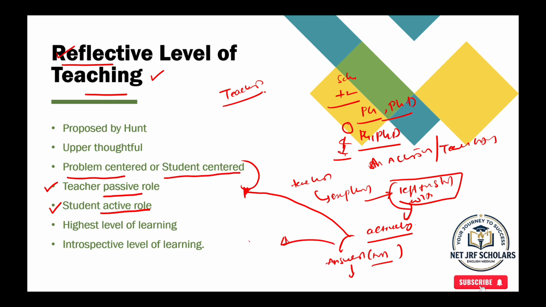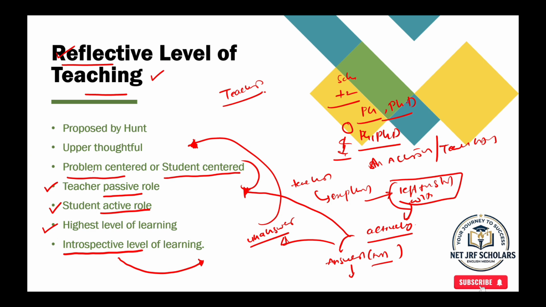You are exploring the unanswered questions as part of this teaching. So it is the upper thoughtful level, the highest level of learning, and it is introspective in nature as you are questioning yourself and answering those questions in the process of learning. As a result, we also call this the introspective level of learning.